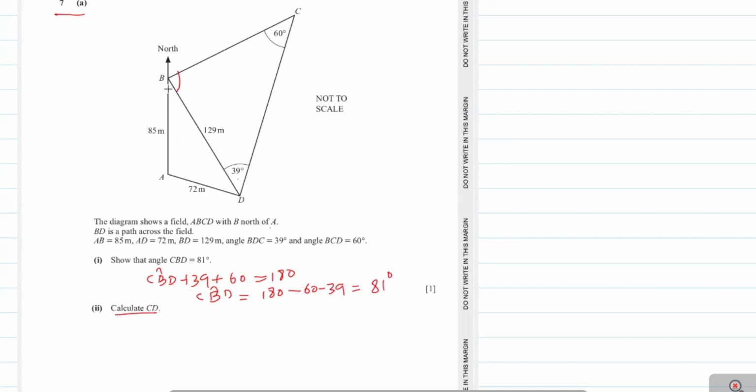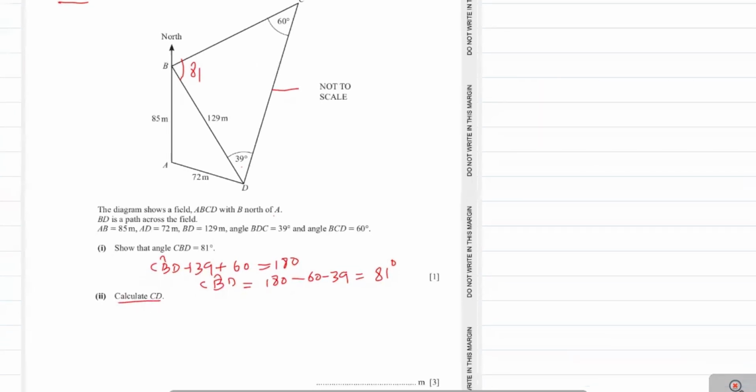Next, calculate CD. This length we can calculate by using the sine rule. Look here, according to the sine rule, the length CD over the sine of the opposite angle to this side, which is 81. We write CD over sine 81 equal to the given length, which is BD, 129, over the sine of the opposite angle of this side. Look here, this is 60 degrees. We write sine 60.